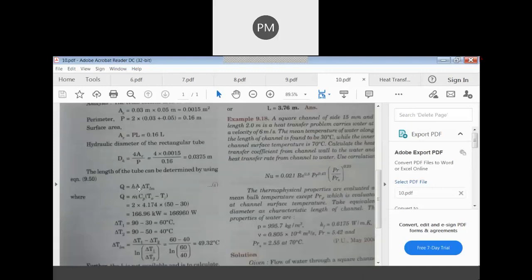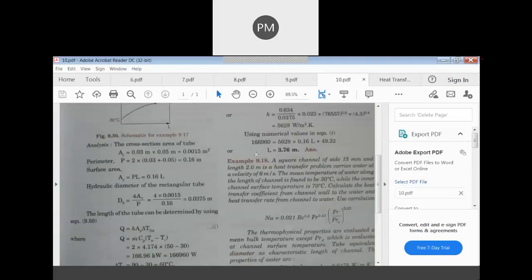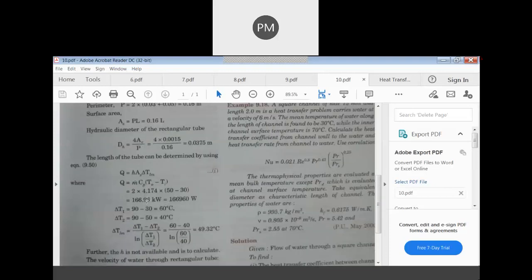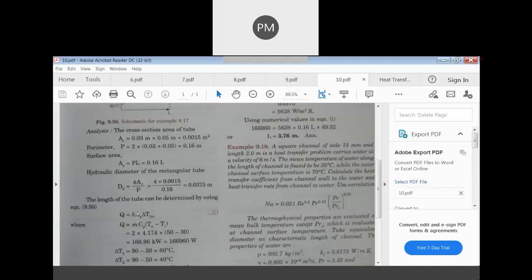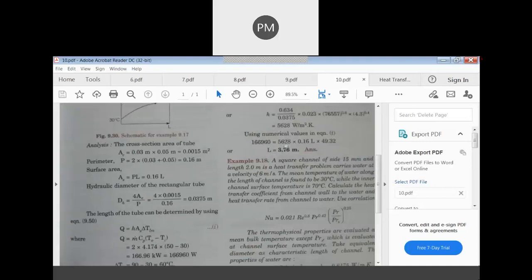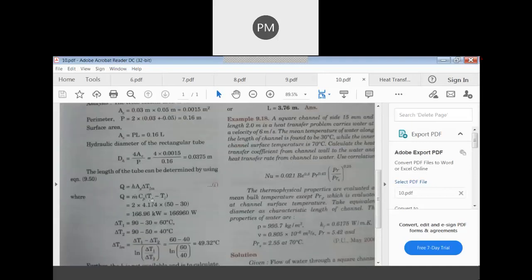Surface area is required here. Log mean temperature also has been calculated. We are going to substitute all the values in equation 1. Q we have obtained here, m Cp (T out minus T in), 166,960 watts. Here h is nothing but 5628, and surface area is nothing but perimeter into length.